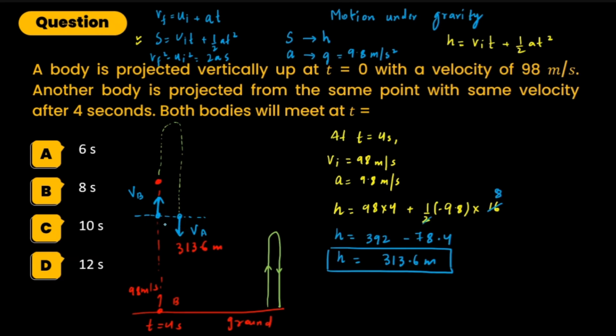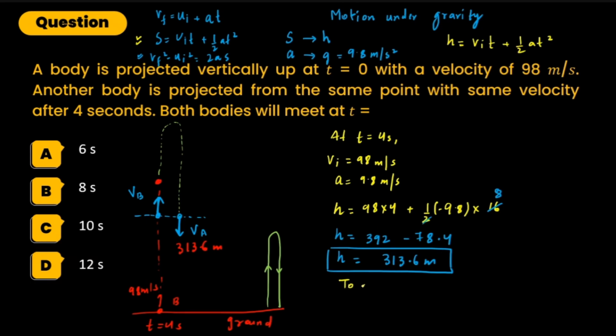In order to do so, first of all, we again have to figure out what is the maximum height this object can cover when it is going from a point on the ground with 98 meters per second of velocity. So in order to find out the maximum height, we'll use the third equation of motion. Let's see how we can do this.